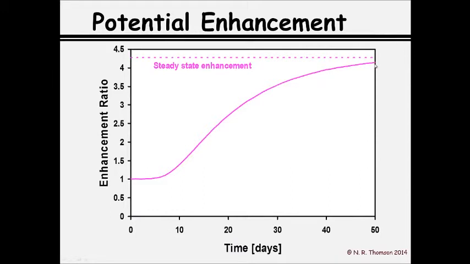To actually enhance by a factor of 4.3, based on these calculations, in the advective channel you would have to flush, or have present, oxidant at a concentration of 1 gram per liter for 50 days.